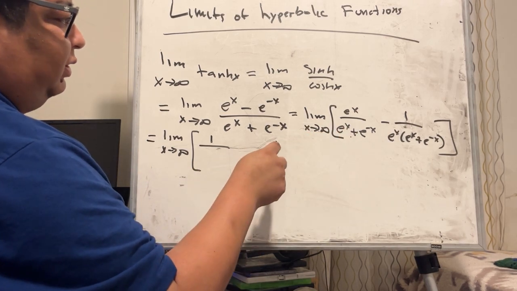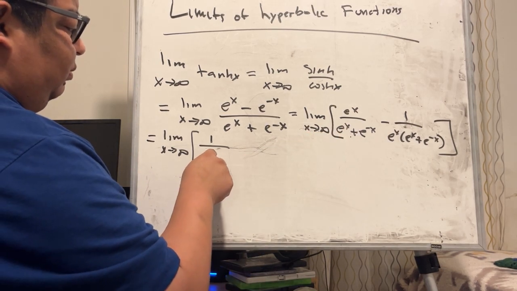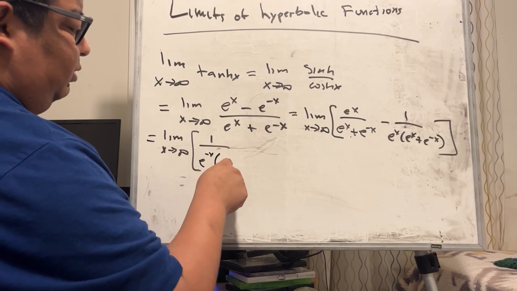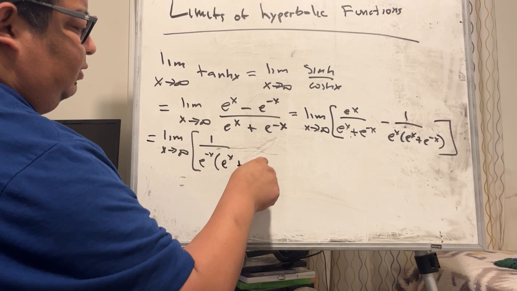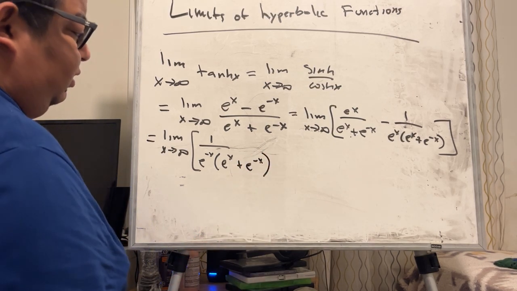So e to the minus x times (e to the x plus e to the minus x).